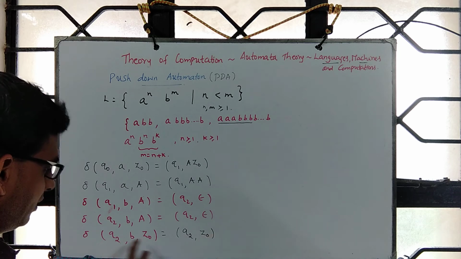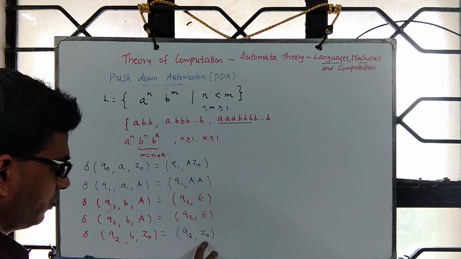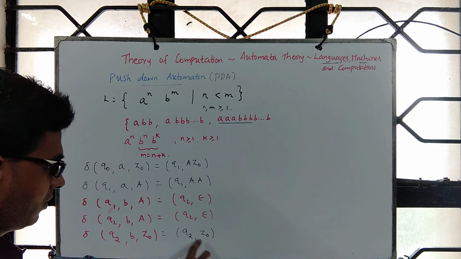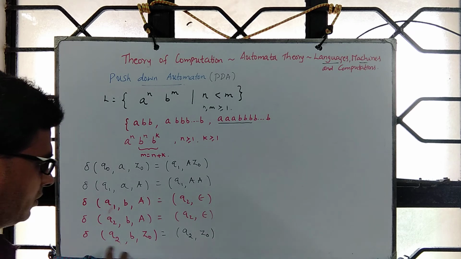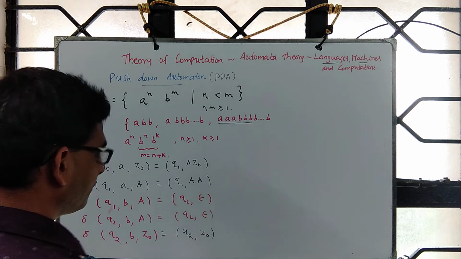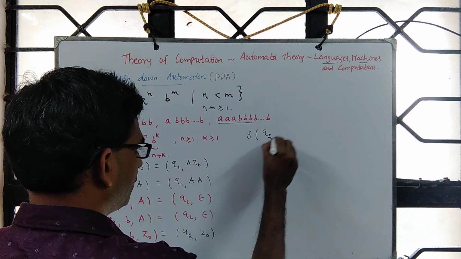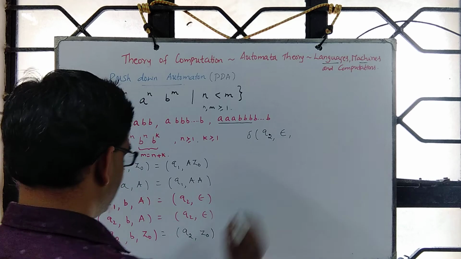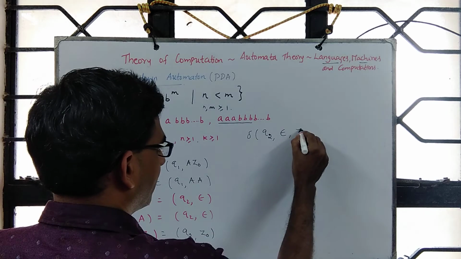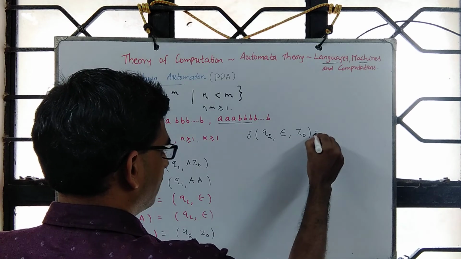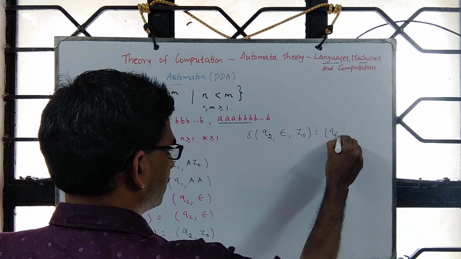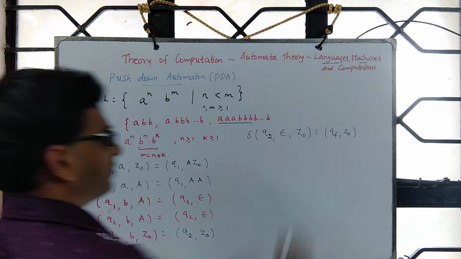Again you see a B, you read and then go to the next B. Read a B and stay there, go to the next B. So like that you keep doing it, and after some time you see that you are in Q2, input tape is exhausted and top symbol is Z0. Now we should accept, it's a valid string.